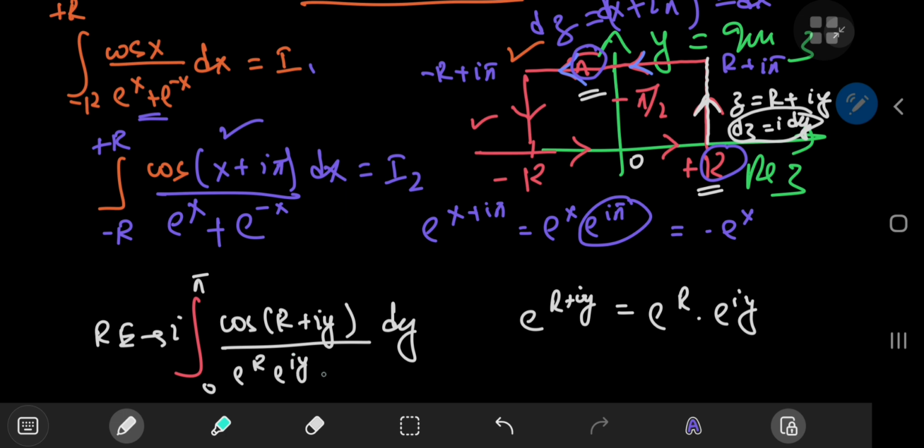So e to the iy plus e to the negative r times e to the negative iy.